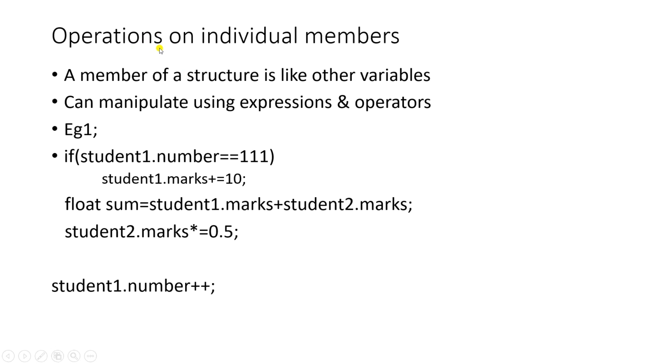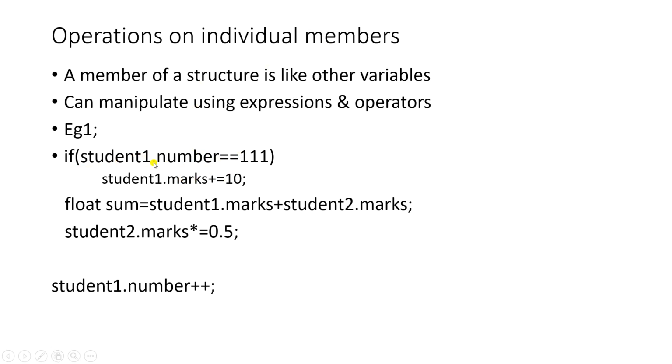Now let's see the operations that can be done on individual members of a structure. A member of a structure can be considered like any other variable in C, like an integer variable or float variable. You can manipulate the member of a structure using expressions and operators in C. For example, you can see how it is manipulated in this expression.